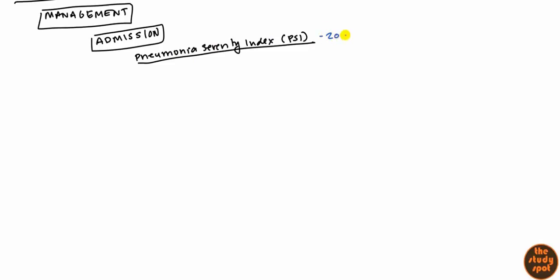This is an index which has about 20 factors involved, and it stages the patient 1 through 5. However, as you can imagine, trying to keep track of 20 factors and doing all that, it tends to be a little too difficult to use in a practical way. So the pneumonia severity index is not generally used mainstream, but it is there, and a lot of evidence has shown that it's very effective. So it is something you do want to be aware of.